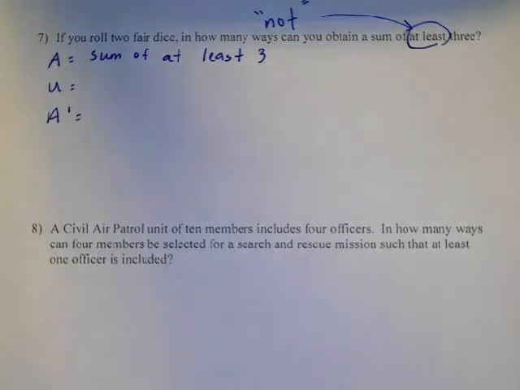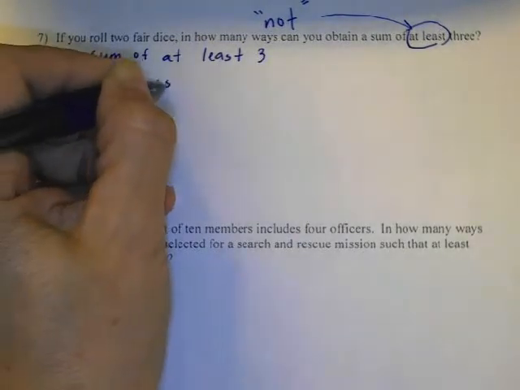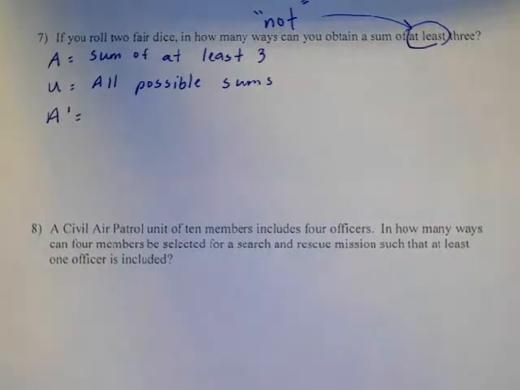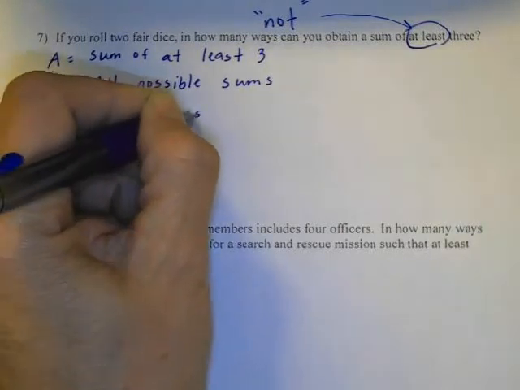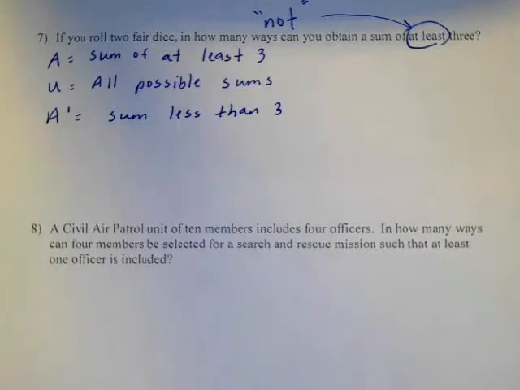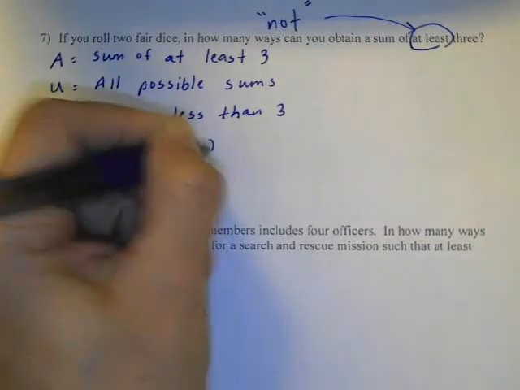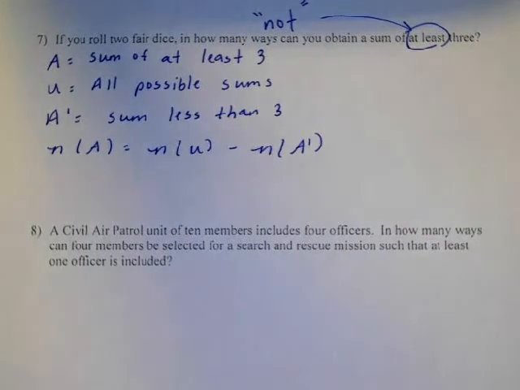U is everything that happens when you roll a pair of dice: all possible sums. And A prime would be what does not satisfy A. So if A is a sum of at least 3, A prime would be a sum less than 3. Then I know my formula says n of A equals n of U minus n of A prime. How many total possible sums are there?